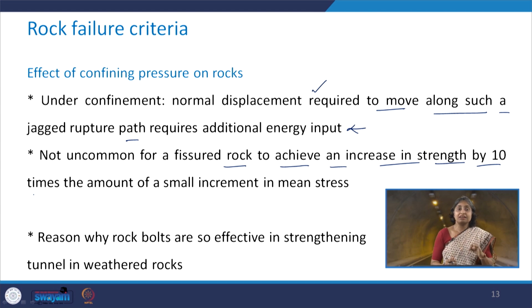And that is the reason why rock bolts are extremely effective in strengthening tunnels in weathered rocks. So, please understand, when there is this rupture path and the confining pressure is more, the rock has to exert additional energy to have the normal displacement required to move along such a rupture path, and this results in an increase in its strength.